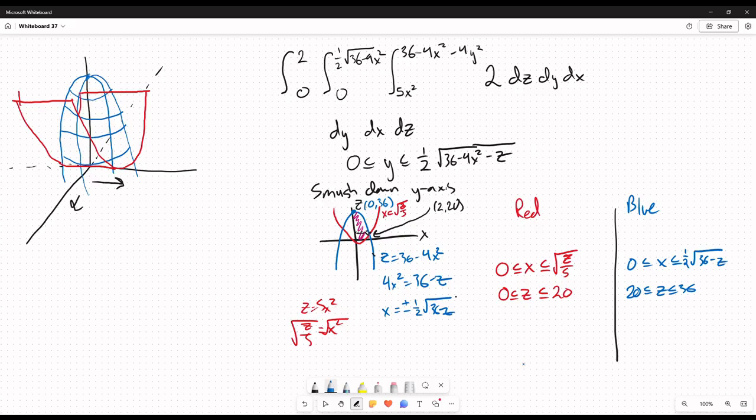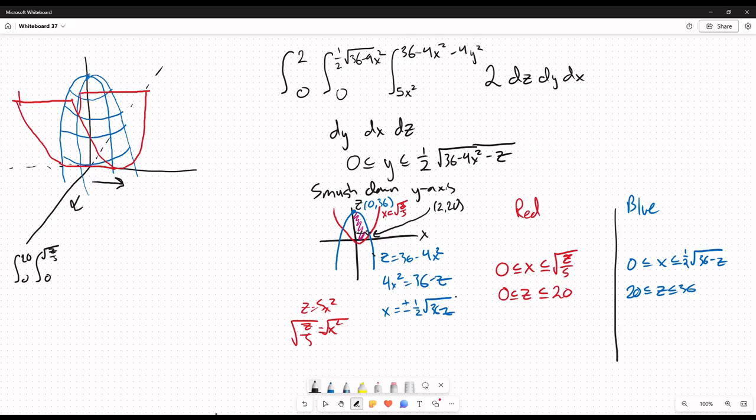Okay, that was fun. So now we need to actually write our answer. And this is why I was questioning whether I did the problem, because I didn't actually write out the answer when I did this earlier. But that's okay, we'll do it now. Because what we have is two different integrals that we're going to be adding together, one for this bottom half and one for the top half. So for the bottom half, I'm going to have the integral from 0 to 20, that's my z's. Then the integral from 0 to square root of z over 5.